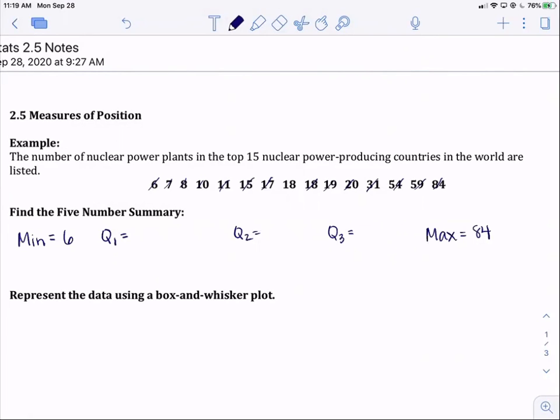So Q2 is 18. Okay. Q1 is the median of the lower half of data. So we're going to take this lower half of the data and find the median of those numbers.